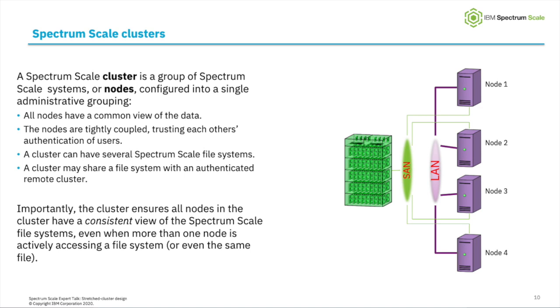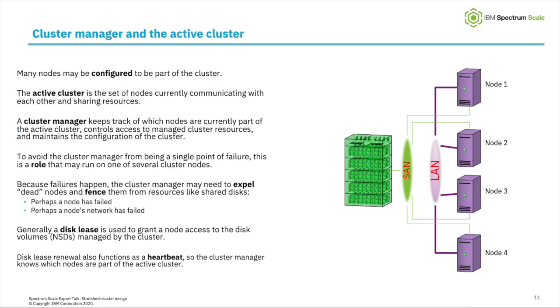And that's what we mean by this word consistent. We have two notions of cluster to consider. First, there are the nodes where we installed Spectrum Scale and actually configured so they work together. That's the view that mmlscluster shows you. The second is what we call the active cluster.